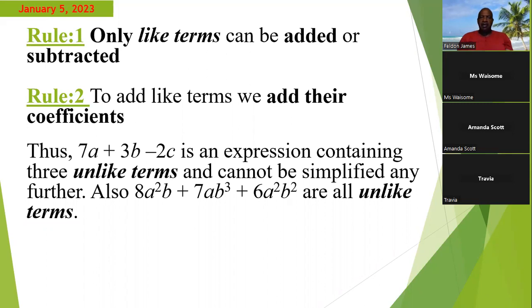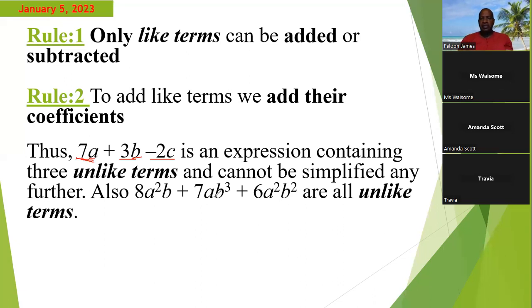So if you're thinking in terms of, say, fruits, let's say that the A here is apple, the B here is banana, and the C here is carrot. Then the coefficient tells you how many A's you have. You have 7 A's. So in other words, you have 7 apples, 3 bananas, and you owe somebody 2 carrots.